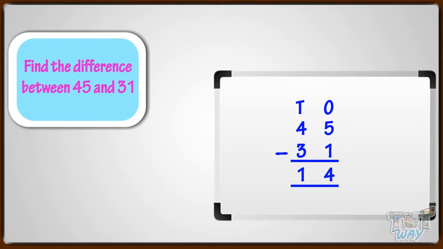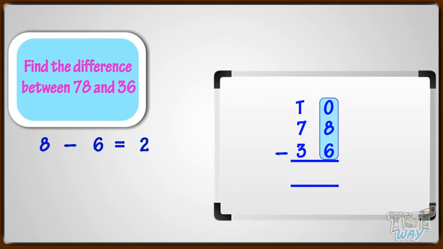Now, let's take another example. First, find the difference between the numbers at ones place. That is 8 and 6. 8 minus 6 equals 2.